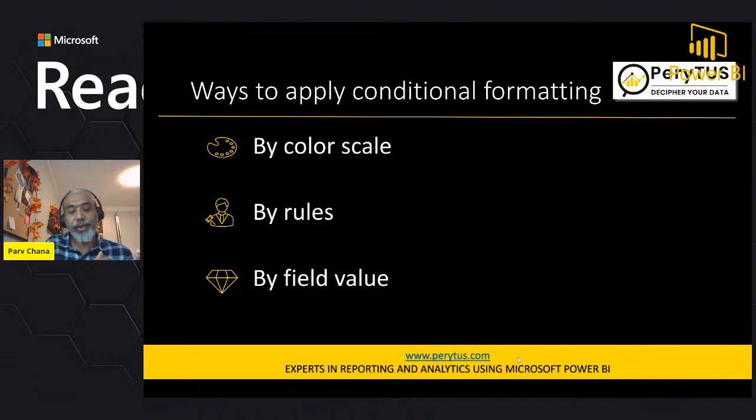For example, if you're showing sales by product, and then you're also showing sales by country or customer, and you want to create these rules, then you have to go to each visual and create the rules. So if you have three levels of rules, like greater than, between, and less than, then you have to do it for both visuals.